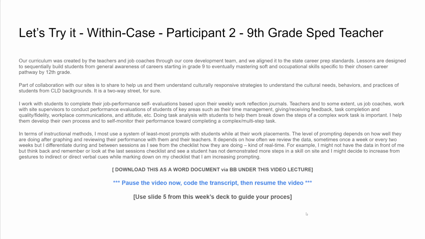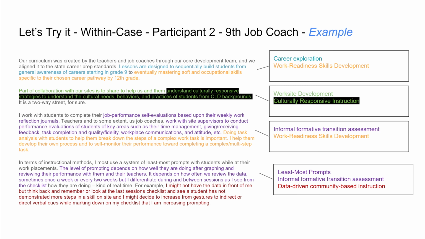All right, let's take a look at this example now that it's been coded. So in our example here, we've got a lot going on. We have some similarities and some themes we may have used across our participants. So let's see what we did.